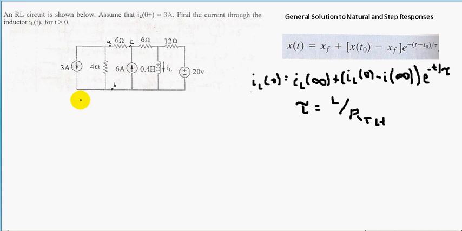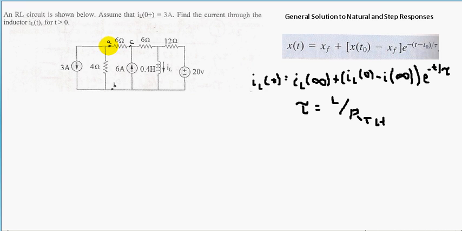So let's simplify by using source transformation. Now we have this 3 amp current source in parallel with this resistor. So this looks like a Norton equivalent. Now we have to turn it into a Thevenin equivalent. That's how we do it.